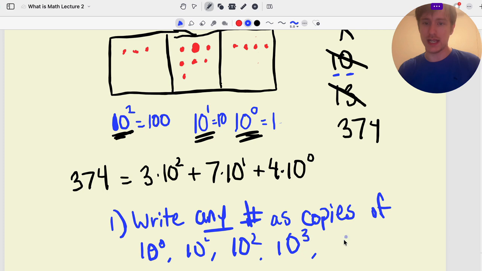I can just continue to increase my exponent right here, and I can always write every single number as some number of copies of all these, all added together. And hopefully that's very, very clear from the picture, right?